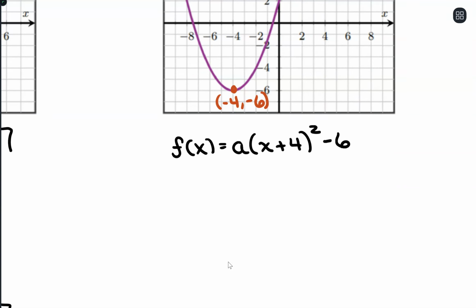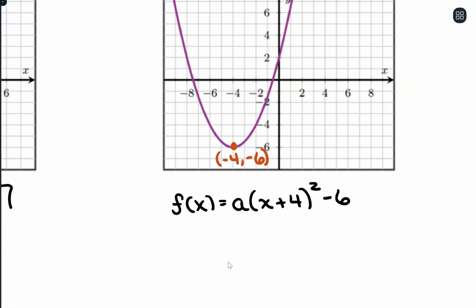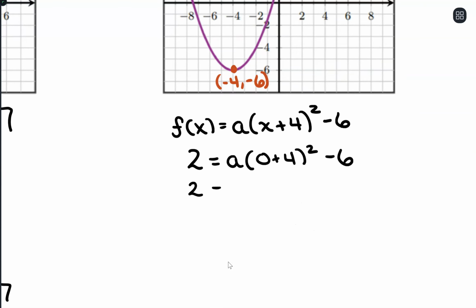All right, we need to solve for a, so we're going to look for a coordinate that we can plug in. The y-intercept looks pretty nice here with the 0, 2. So output of 2 equals a times (0 plus 4) squared minus 6. So that's going to be 2 equals a times 4 squared, so that's 16a, and minus 6.